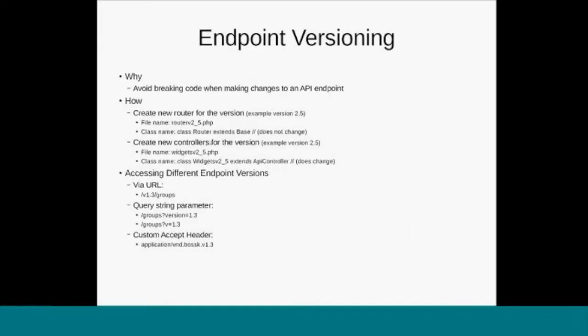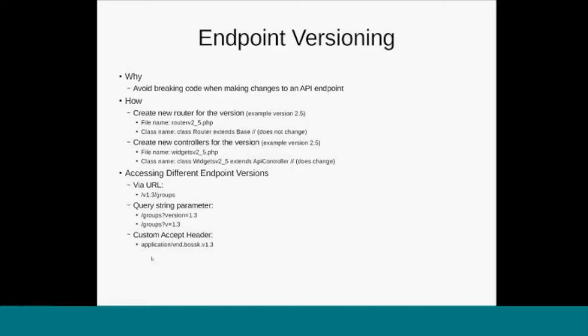You'll also create new controllers for the new API endpoint version. So the file name, for instance, would be widgets v2_5.php, and the class name for that API controller will be widgets v2_5, and that'll of course extend API controller.